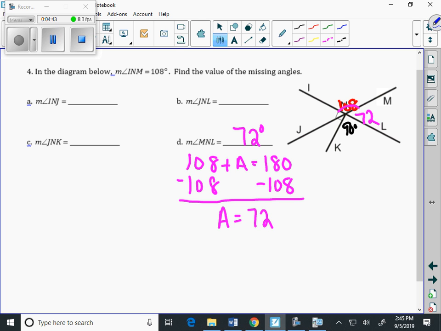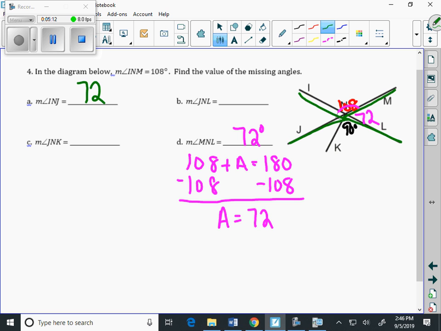Some other information now that we can hopefully see is, now that we just did M and L, we also know what I and J is. Hard for me to draw that in, but what I was trying to illustrate is that those two angles are vertical, which means that angle INJ is also 72.